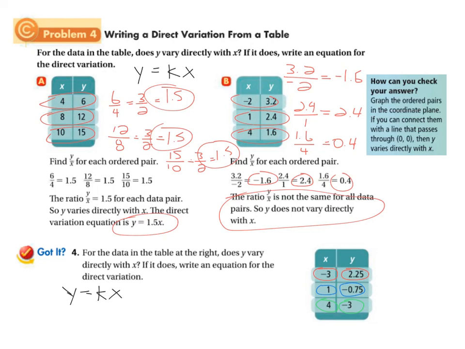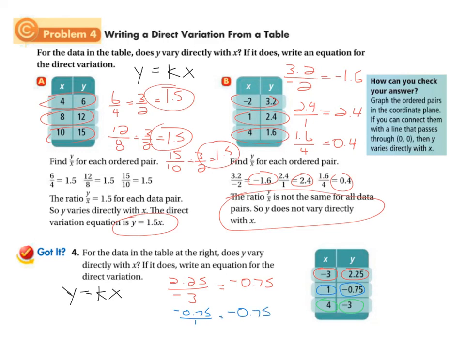Okay, so for these data points in red, it was 2.25 divided by -3, and that works out to be -0.75. For the data points that I circled in blue, you're doing y divided by x, or -0.75 divided by 1, which is -0.75.